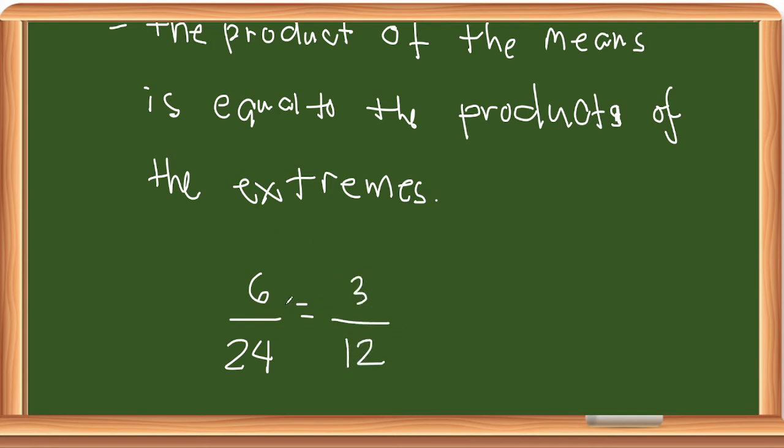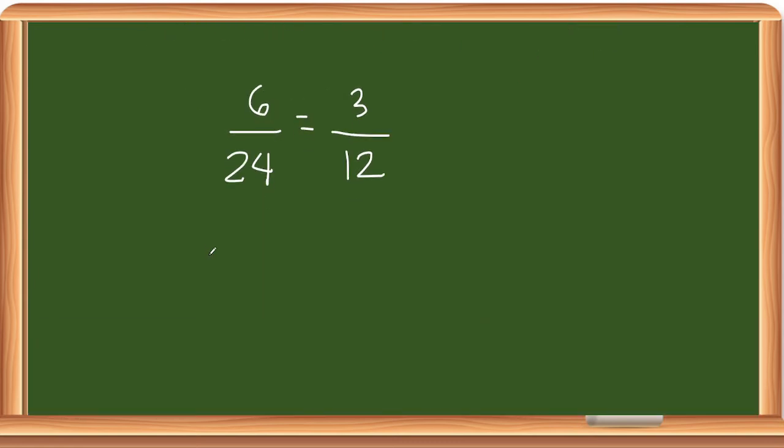Let's express this first in another way, yung mayroong 6:24 is equal to, because they have the same ratio, 3:12. So that means they are proportional, di ba? Kanina na-prove natin that the ratios are the same.